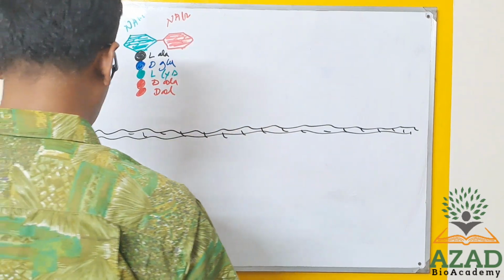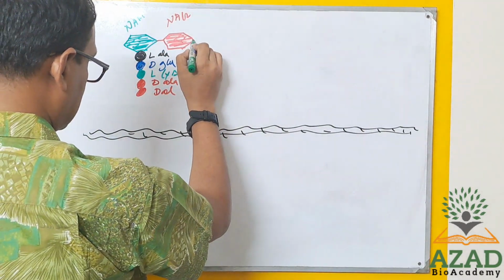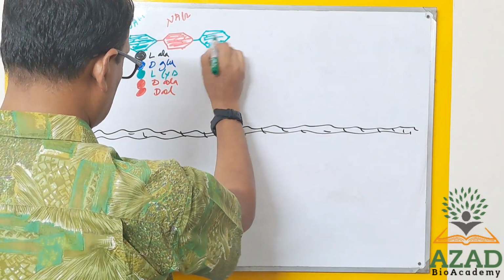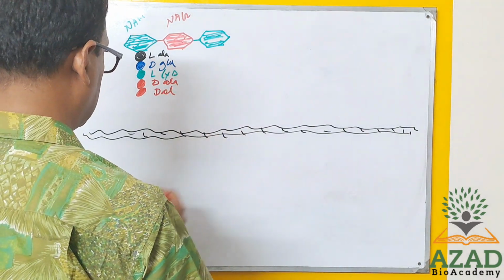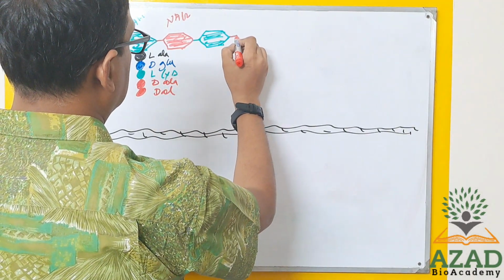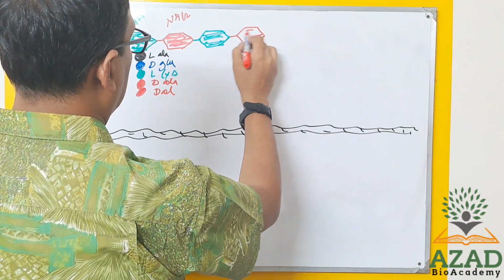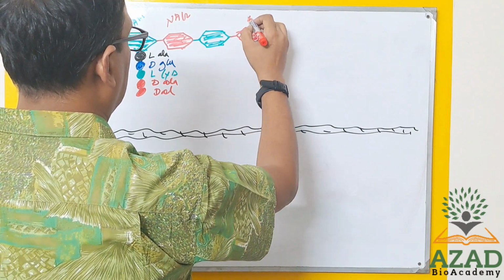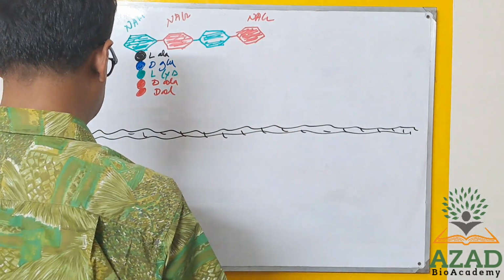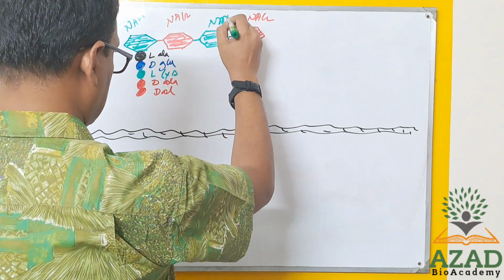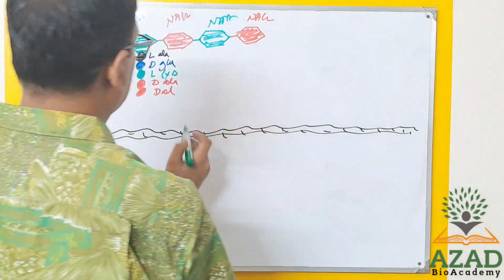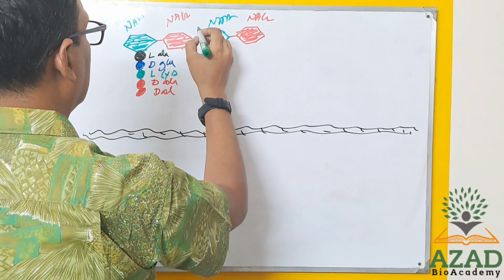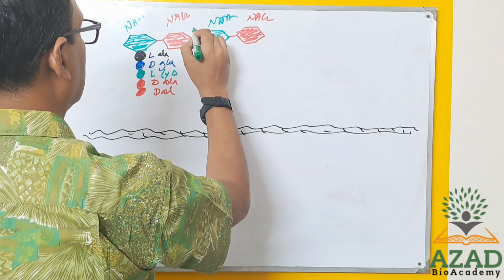Now another unit, N-acetyl glucosamine, then N-acetyl muramic acid, and N-acetyl glucosamine and N-acetyl muramic acid, will be added here by forming a bond, that is the glycosidic bond.